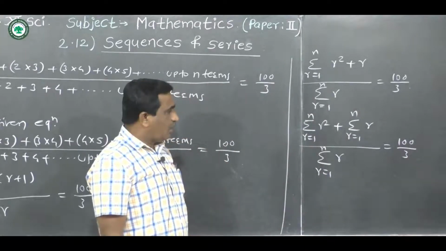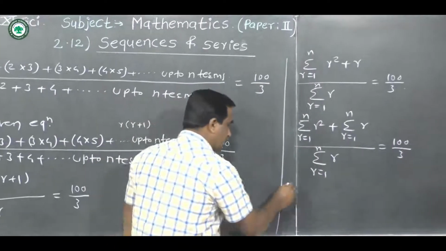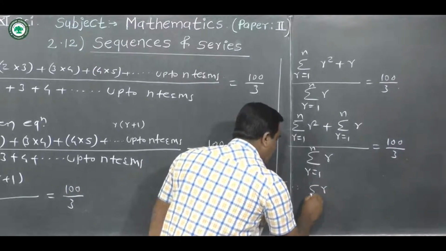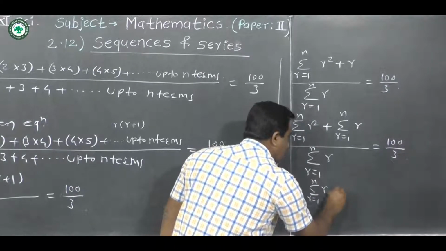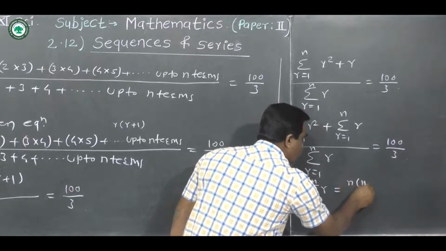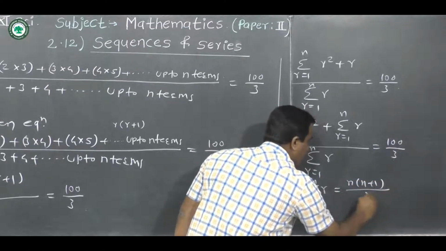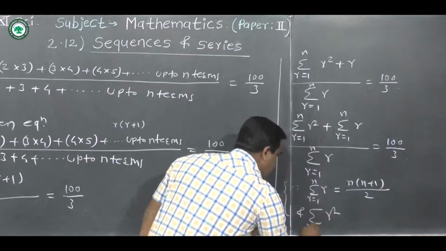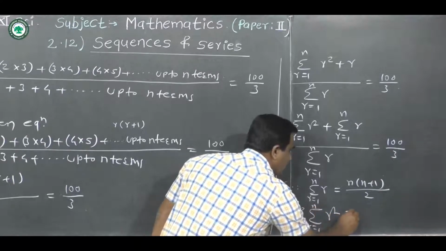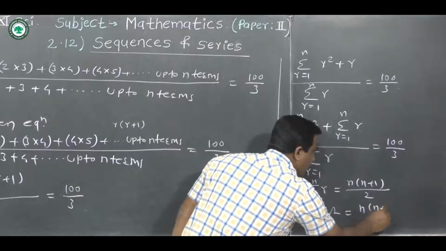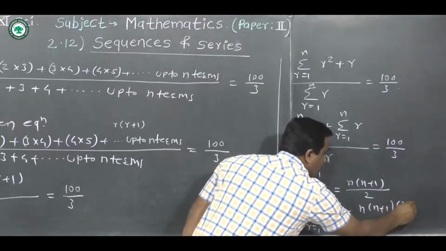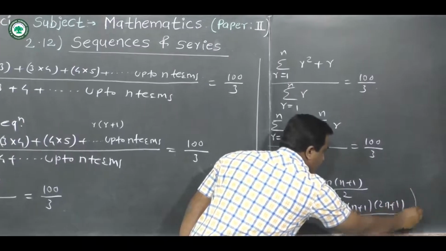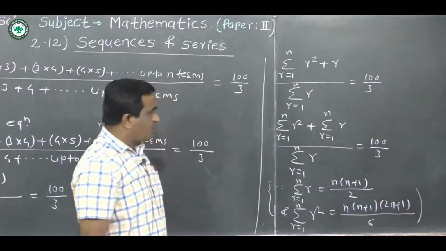Okay. Now use these two results: summation of r, r goes from 1 to n, is equal to n into n plus 1 upon 2, and summation of r square, r goes from 1 to n, is equal to n into n plus 1 into 2n plus 1 upon 6.